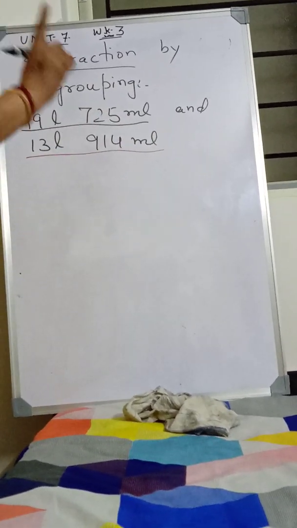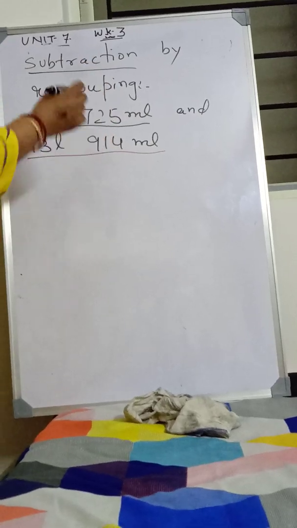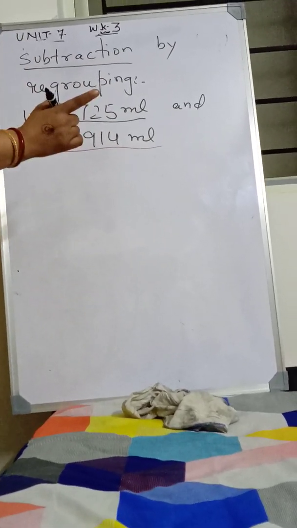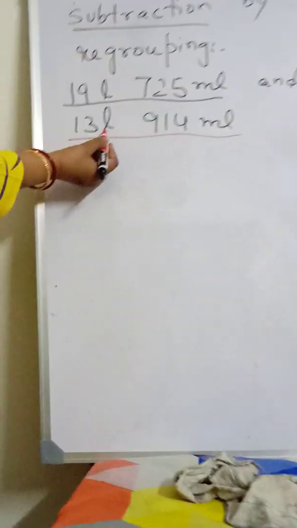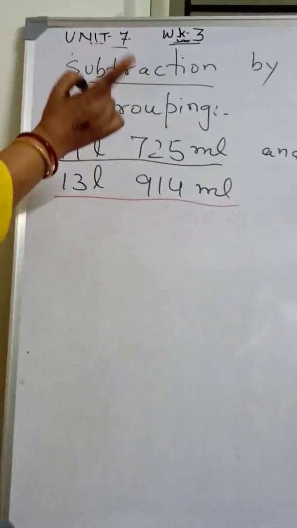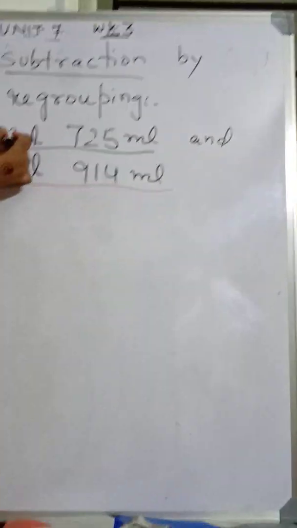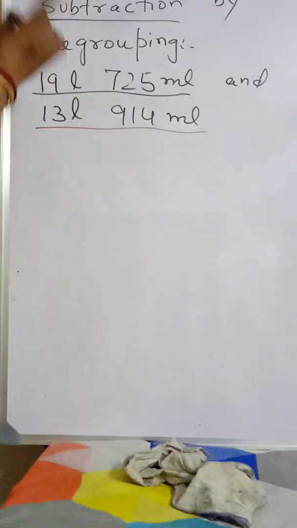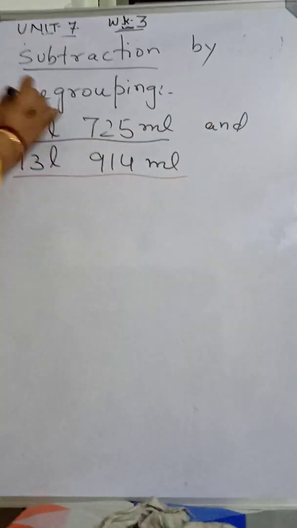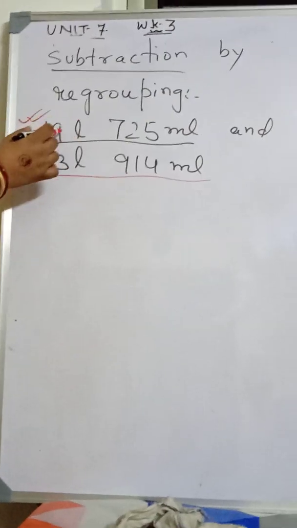Firstly decide which one is more. Whenever you are comparing two numbers, two units, always compare with the greater unit. Here milliliter and liter. Which one is greater? Liter. So we will compare the number of liters. Here 19 liter and 13 liter. Which one is more? This 19 liter is more. It means not only 19 liter.